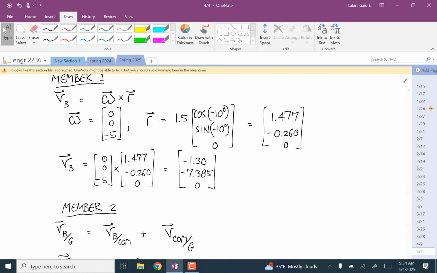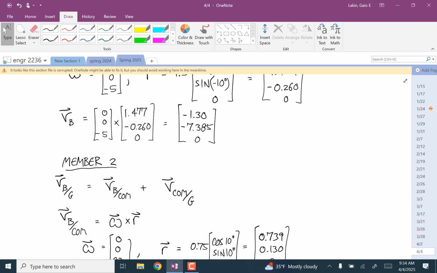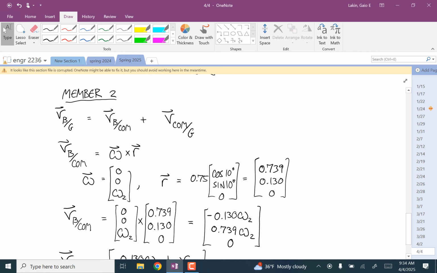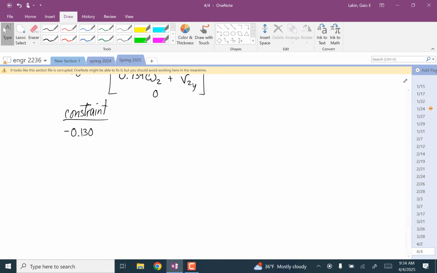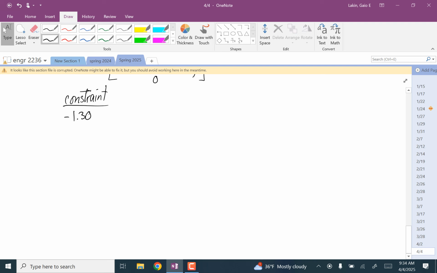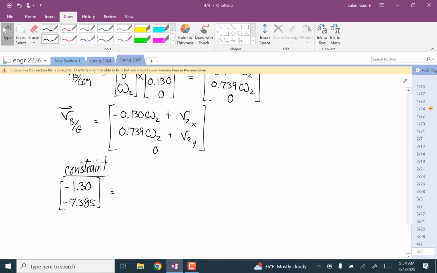Okay, so what the constraint says is negative 1.3, negative 7.385 is equal to negative 0.13 omega 2 plus v2x, 0.739 omega 2 plus v2y.